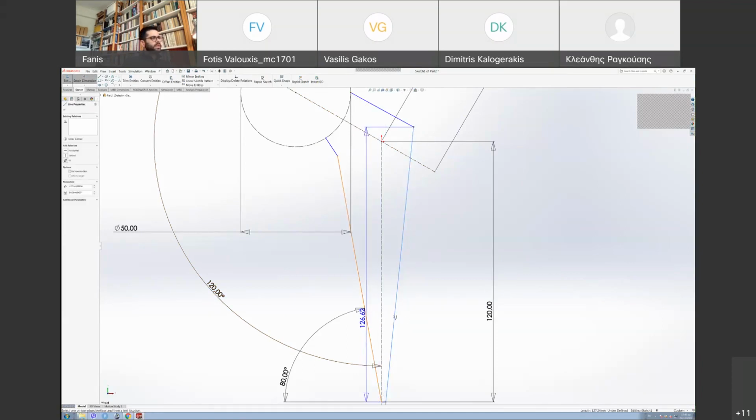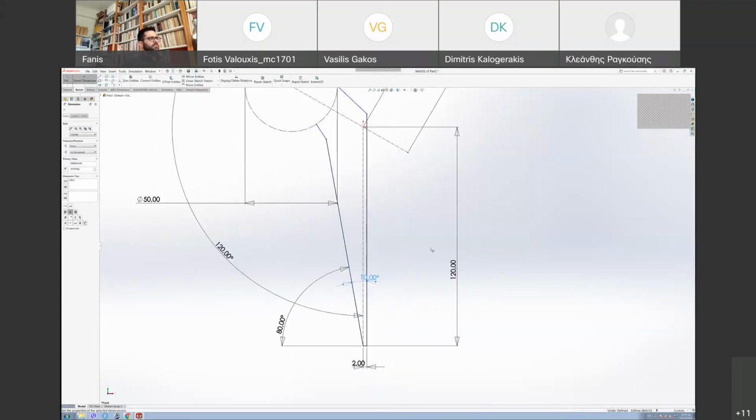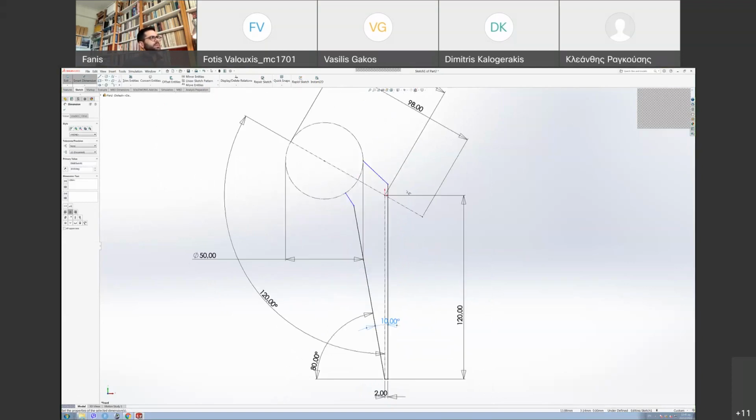Sometimes you can get automatic relations in SolidWorks Sketch, and it can be pretty tricky, but just make sure you delete anything you don't need. So I'm just sketching an axis line here to help me. It's not a critical part of the design.